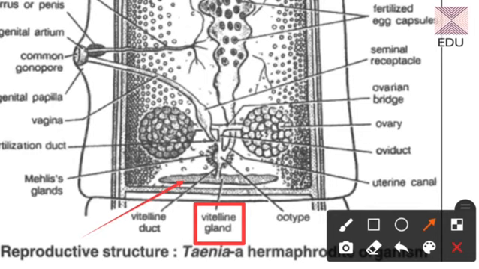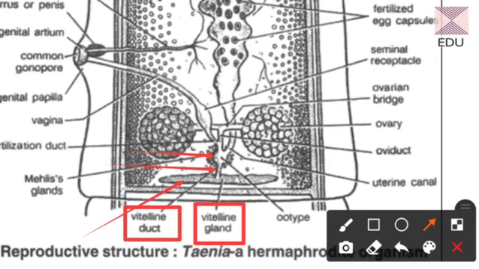Now this vitelline duct is coming out of the vitelline gland and it goes upwards to join the ootype. As you can very well see, this is the particular duct which is coming up from the vitelline gland and it is joining the ootype.